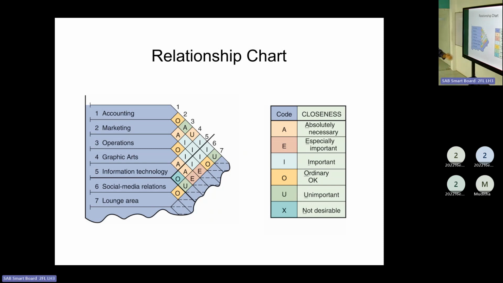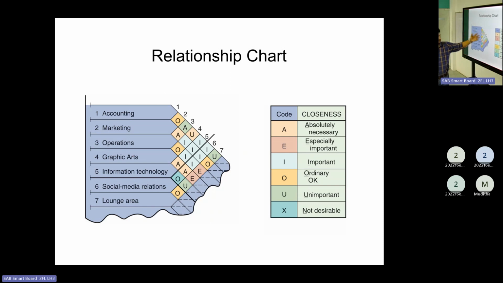So for example, in this example, they are evaluating where to locate 7 departments: accounting, marketing, operations, graphic arts, IT, social media relations, and launch area.